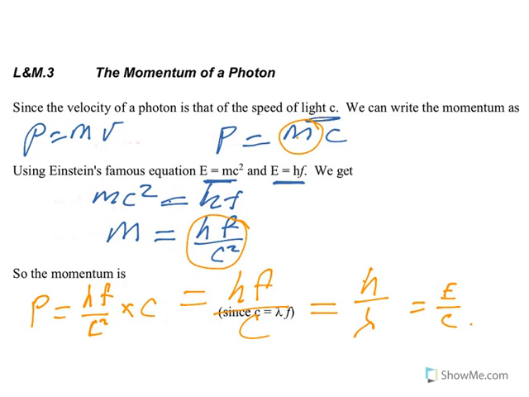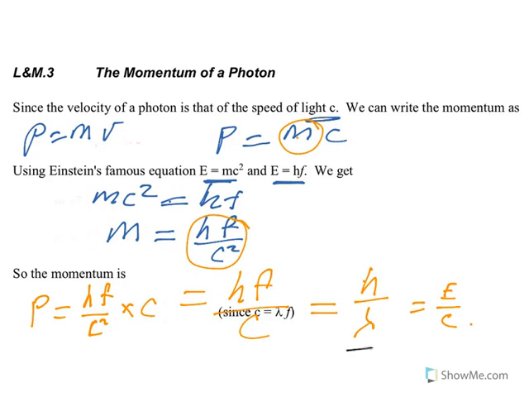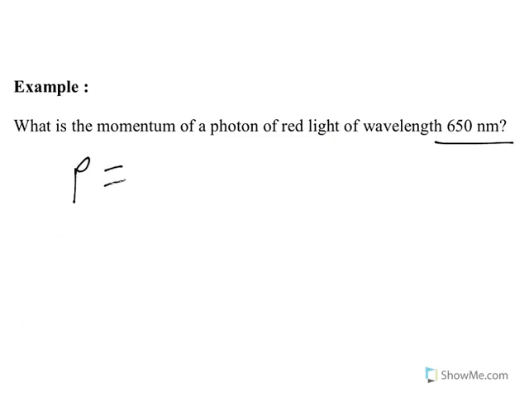All right. So, by looking at that, you can say, oh well, a photon does have some sort of momentum that we can theoretically calculate. So let's have a look at an example. What's the momentum of a photon of red light with wavelength 650 nanometers? So if we use this version, p equals h on lambda. Now with these ones we always need to use the joule version.